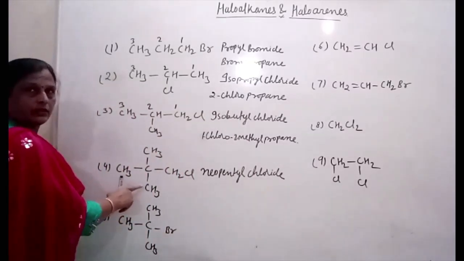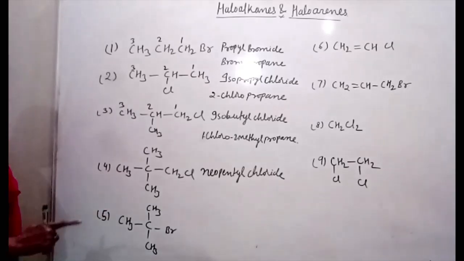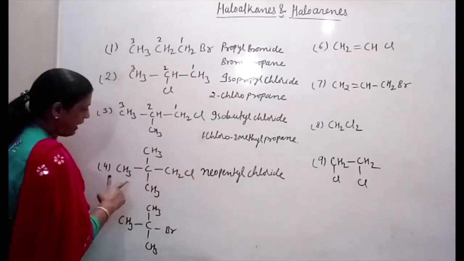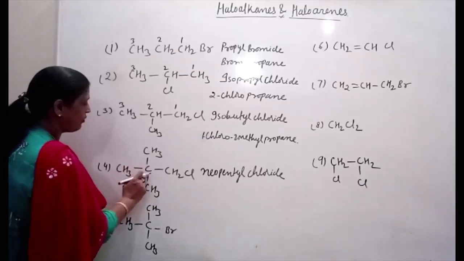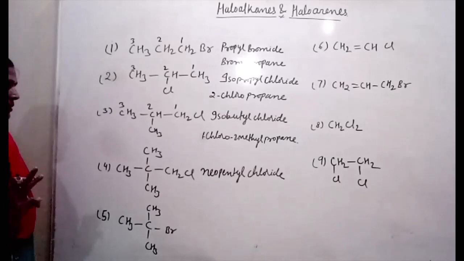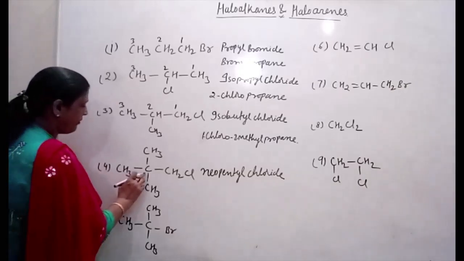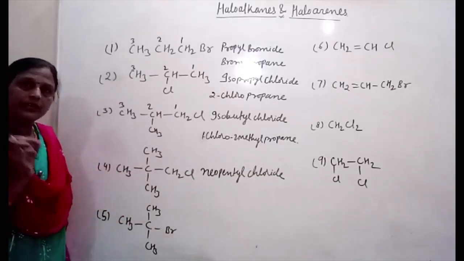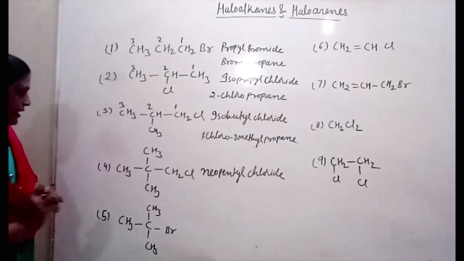What is its IUPAC name? You first of all identify the longest chain, 1, 2, 3. Here a 3-membered carbon chain is present. First we have to decide which parent chain we consider.